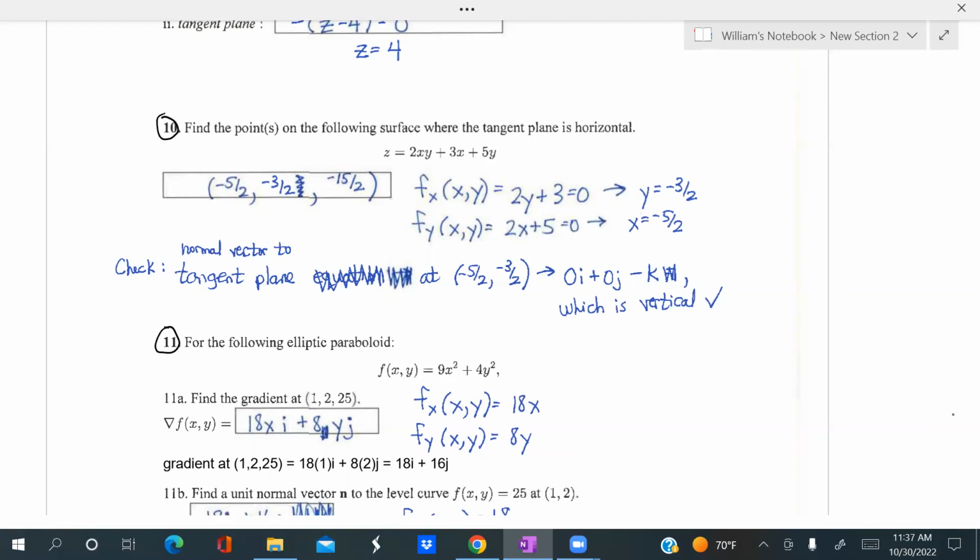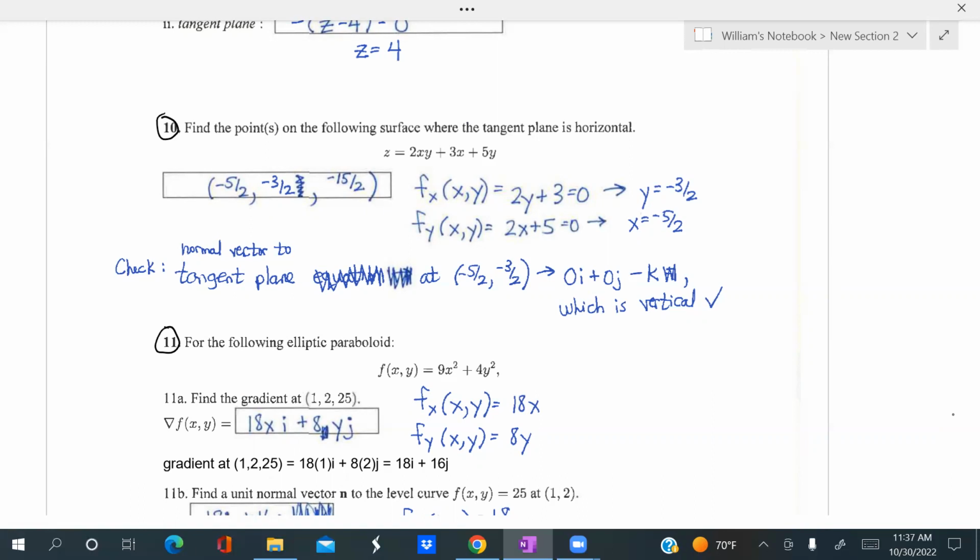So that means then that your point, actually, it's a critical point, is where x is minus 5 halves and y is minus 3 halves. That's the only critical point on this surface.